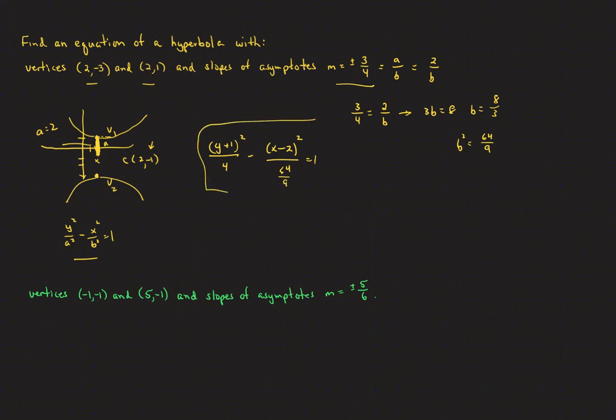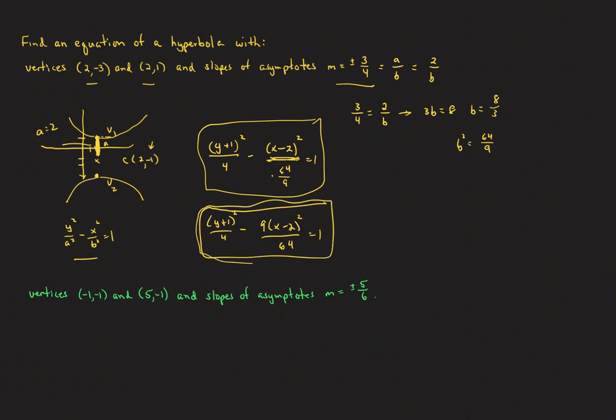Now that would be okay. Probably a better way to do this is to divide by the 64/9, which is to multiply by its reciprocal. So a better way would be to write it as 9 times (x minus 2) squared over 64 is equal to 1. So this would be our preferred, but you'd still get full credit for the first one.